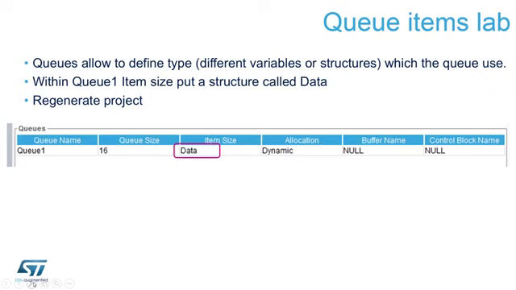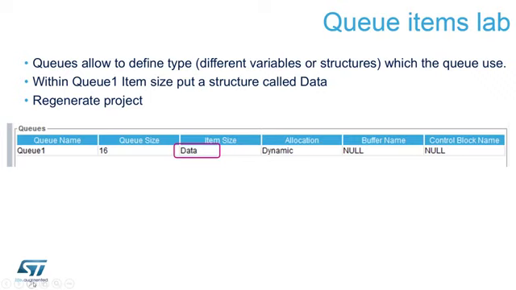So if we come back to the CubeMX and look into the queue definition, I'd ask you to create a queue number 2, so Q2. And this one will have the queue size 16, and the item size will be called data.